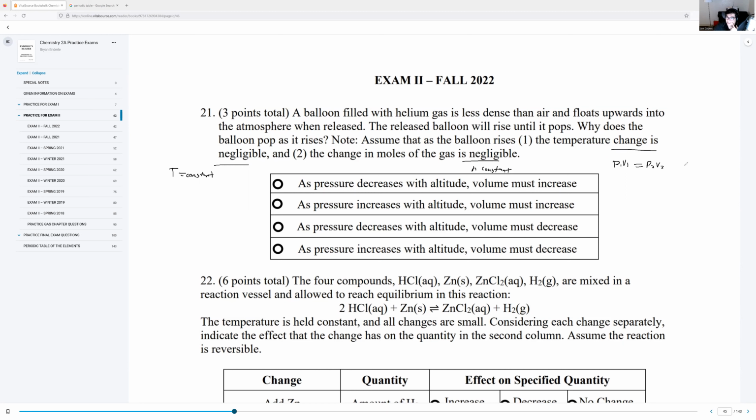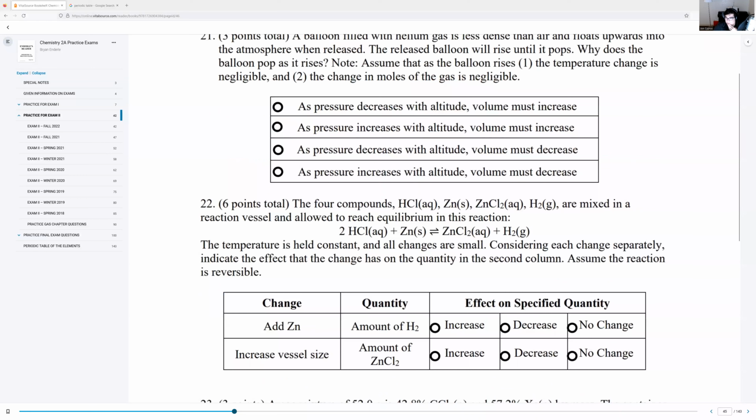So if the volume increases, it's because the pressure decreases. So as pressure decreases, the volume must increase. Pressure and volume, assuming temperature is constant and moles of gas are constant, are inversely related. So if everything else is constant, as pressure increases, volume decreases. As pressure decreases, volume increases.